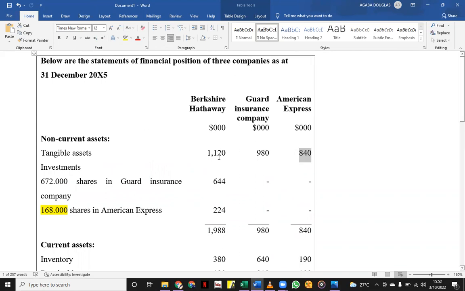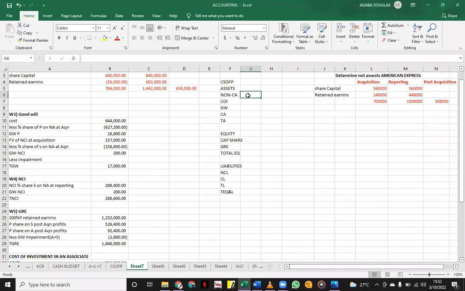So we are going to add our 1 million with our 1,120,000 plus 980,000, so that we can arrive at our figure. So we'll come and say net current asset equals to 1,120,000.